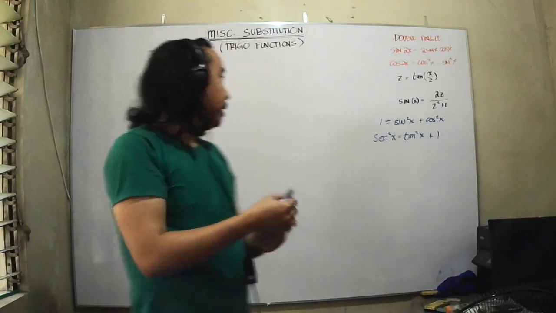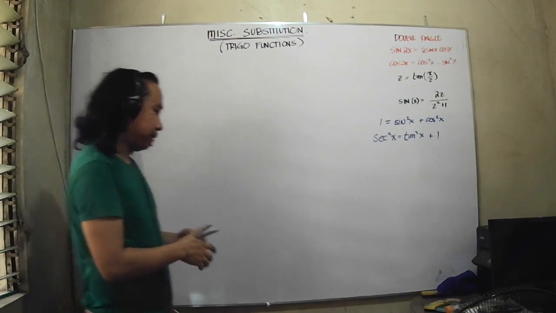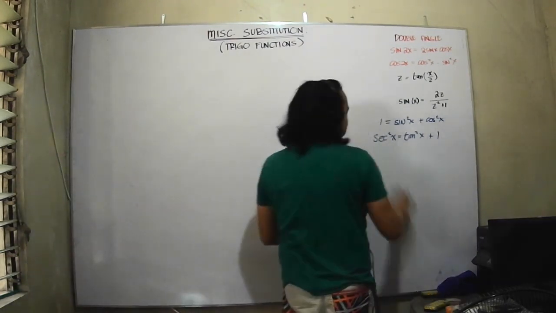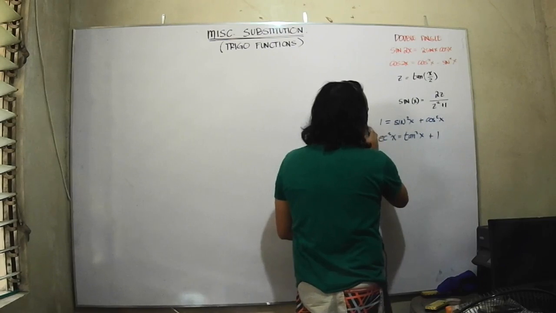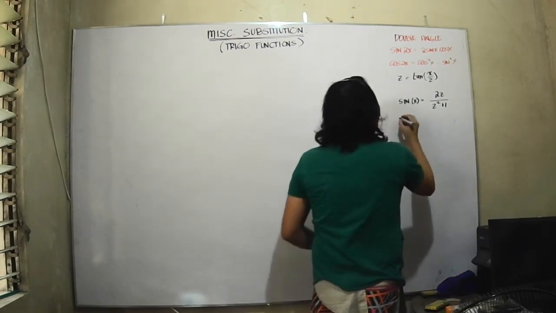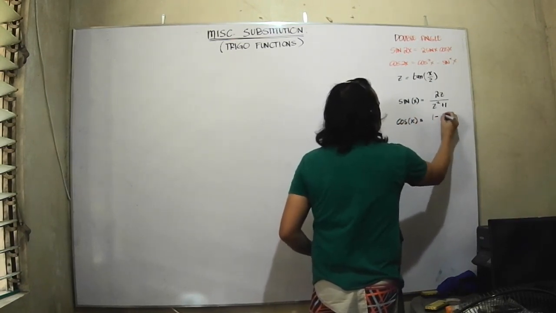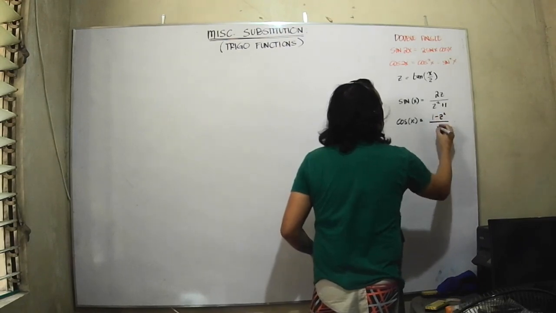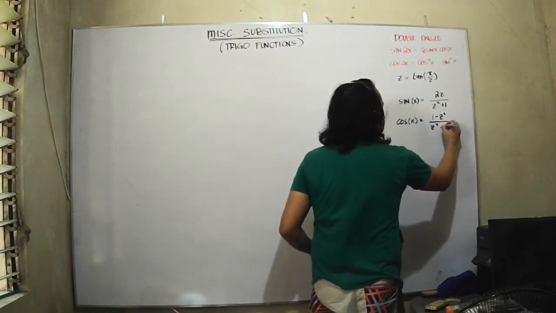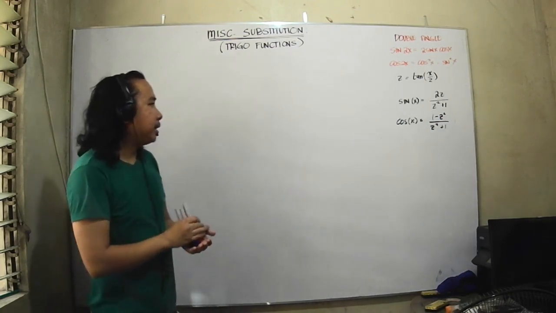So cosine x is equal to 1 minus z squared over z squared plus 1. Okay, we have sine x, we have cosine x.